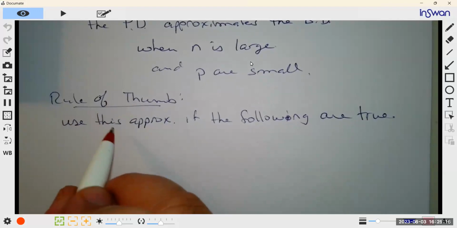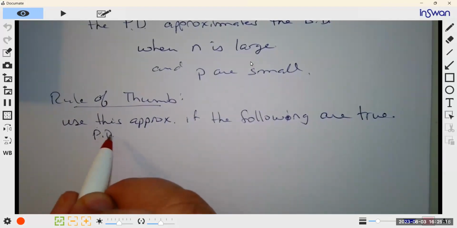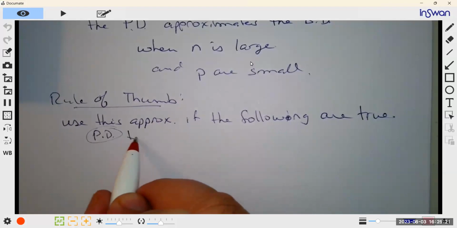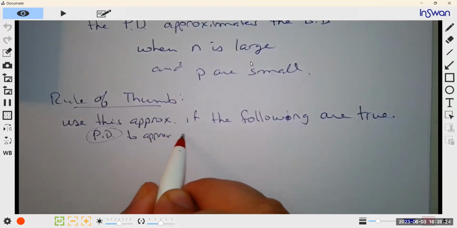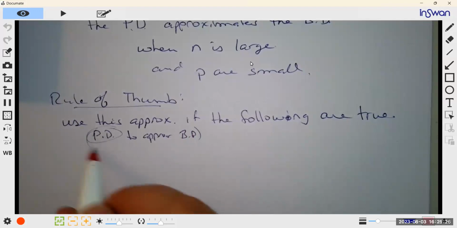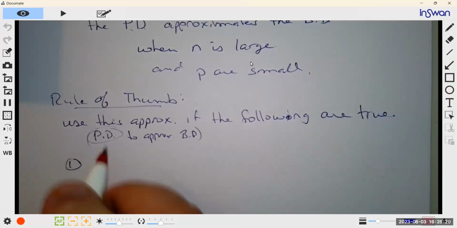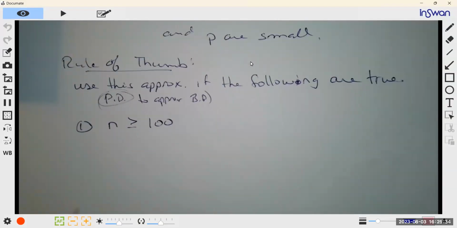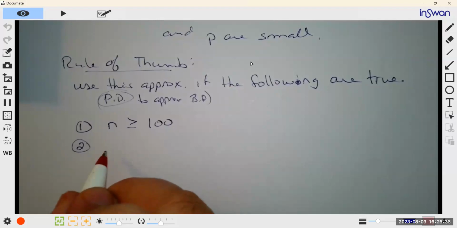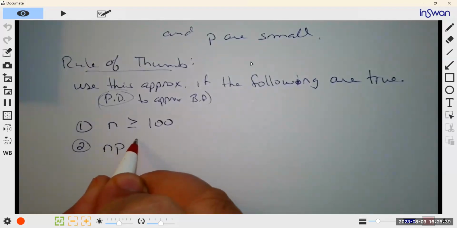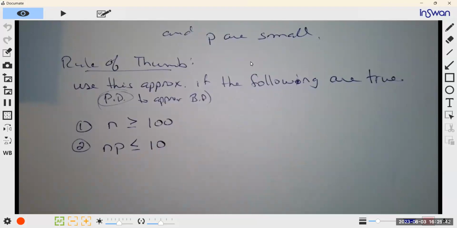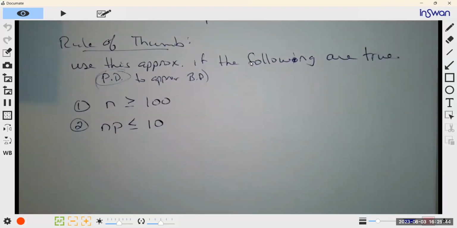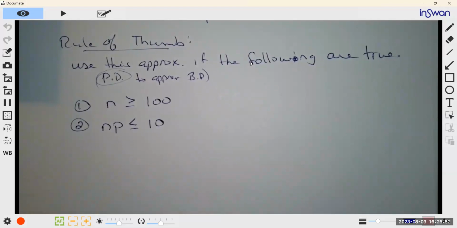In other words, use the Poisson distribution to approximate the binomial distribution if, one, n is large, n is larger than 100, and two, n times p, which is the mean, is less than 10. If both of these are true, then we can use the Poisson distribution.